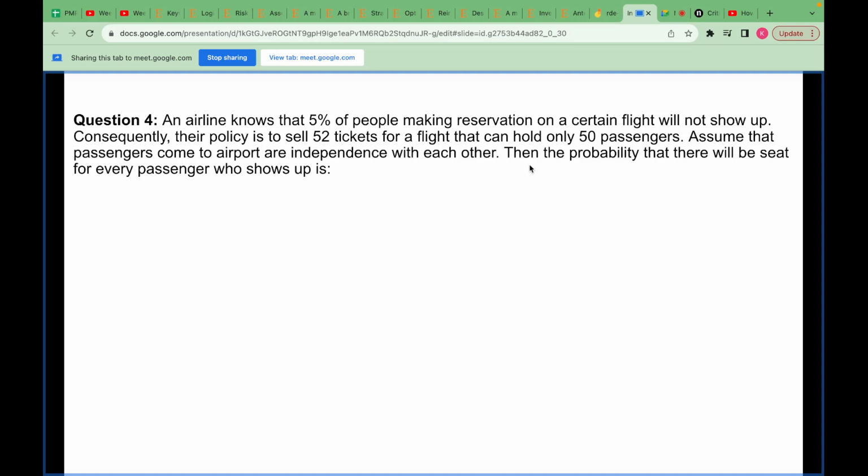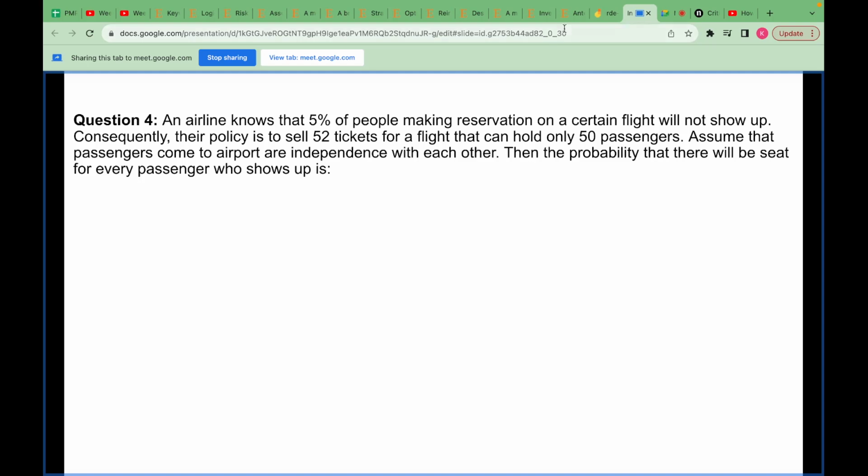That's why for capacity of only 50 passengers they book tickets for 52 people. Now assume that passengers coming to the airport are independent of each other. Then what is the probability that there will be a seat for every person who shows up?